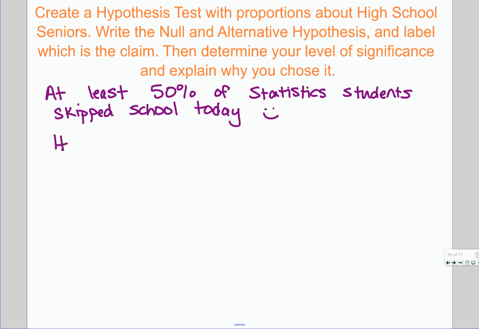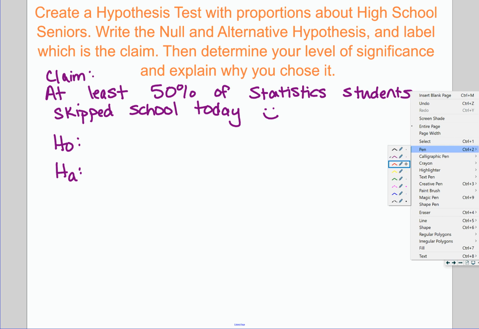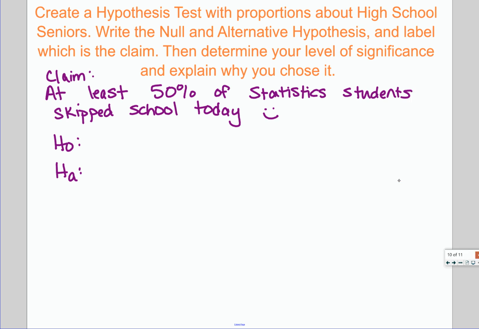So we need to write the null and the alternative. That was our claim. Okay, if it's at least, is it going to be my null or my alternative? At least could be equal to, right? So if it's equal to, it's our null.